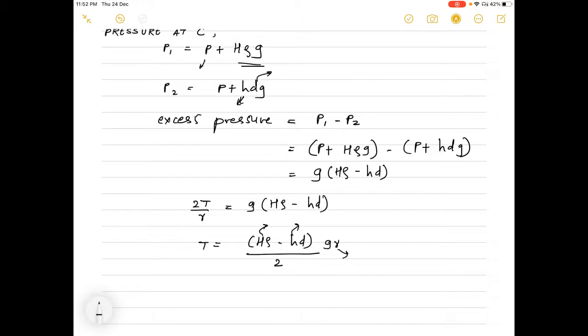As we already know the densities of the liquids that we are using, and G, the acceleration due to gravity, if we can measure these three things, capital H, small h and small r, we can find the surface tension of the experimental liquid by using Jaeger's method. So in this way, by using Jaeger's apparatus, we can find out the surface tension of different types of liquids.